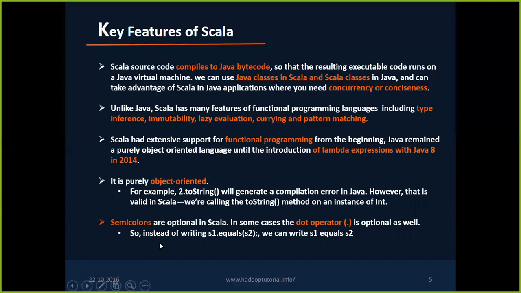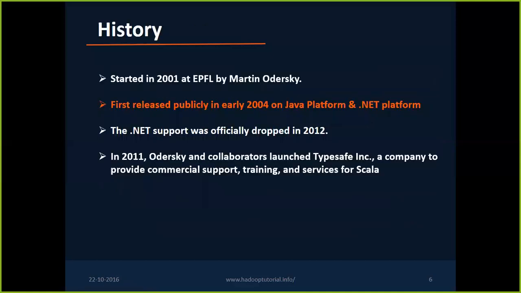Semicolons are optional in Scala at the end of every line, and dots and parentheses are also optional sometimes. Its history is nothing much: first released publicly in early 2004 on the Java platform and the .NET platform.